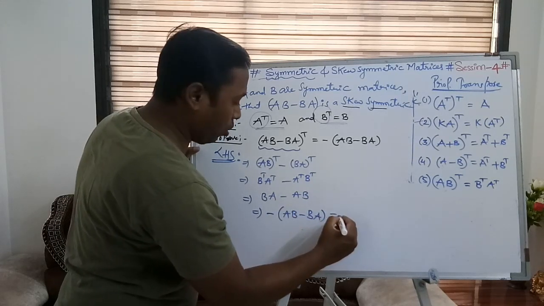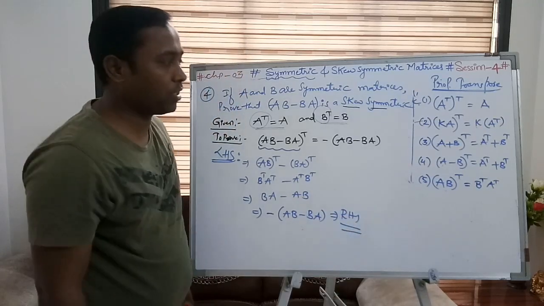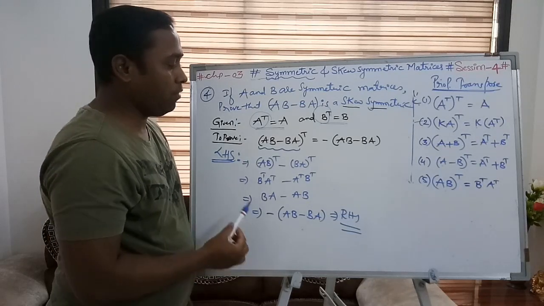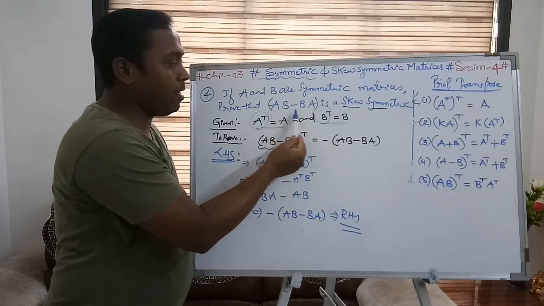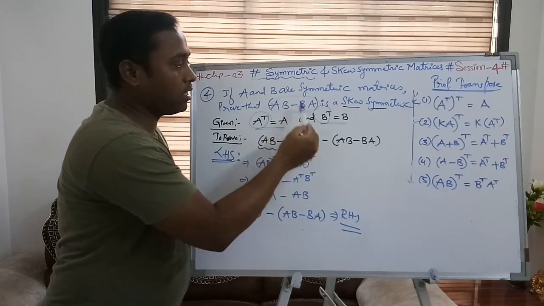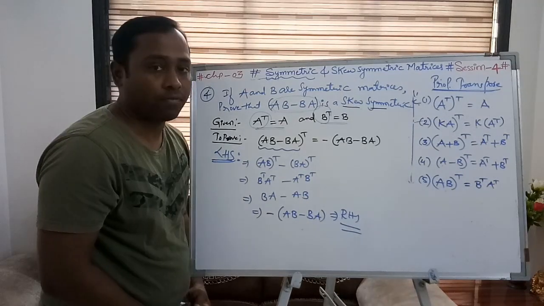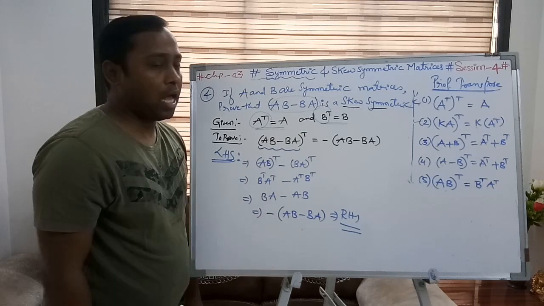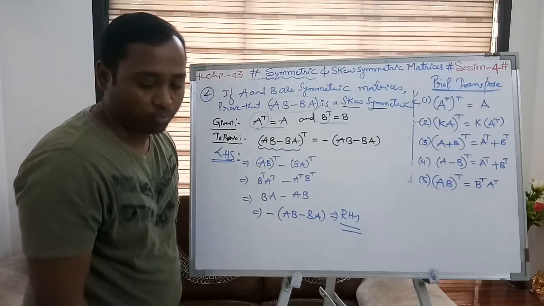You can see we obtained the right hand side, hence proved. So simple to prove, very simple to understand. So here we have proved that if A and B are symmetric matrices, the AB minus BA result is always a skew symmetric matrix with the help of properties of transpose. Fine. Now in a similar manner, the last theorem, or we can also say last result, to prove.